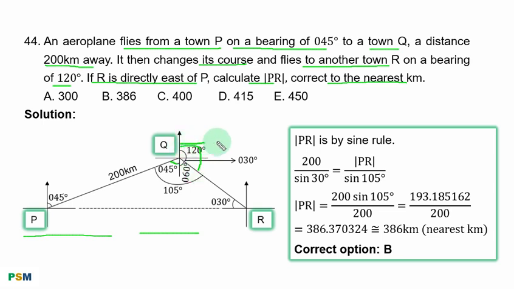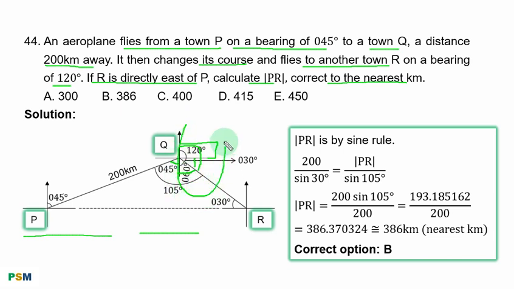From here to this point is 1 quadrant, 90 degrees. To have 120 degrees, this remaining part must be 30 degrees for this angle to be 60 degrees to have the 180 degrees on this side.